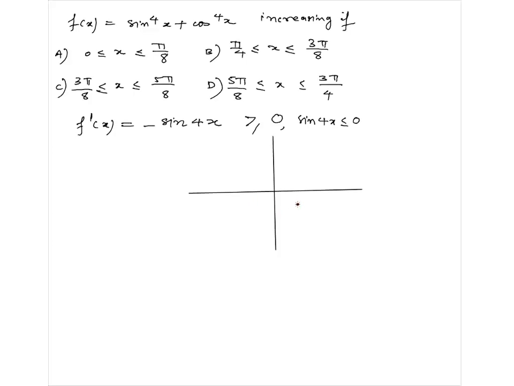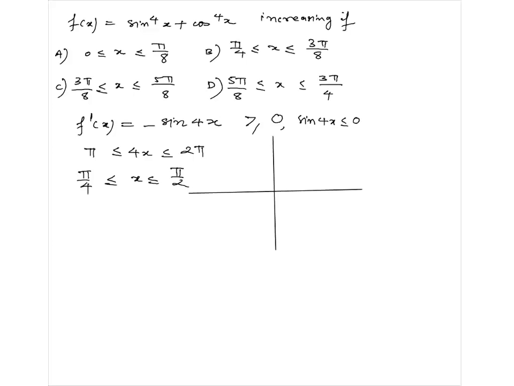I can write negative values, but looking at the options, I am writing positive values. So this region I am writing as pi to 2 pi. Then dividing by 4, this is what we get.